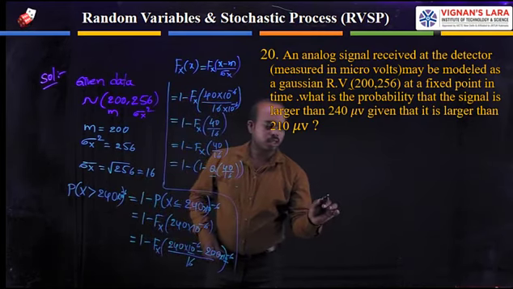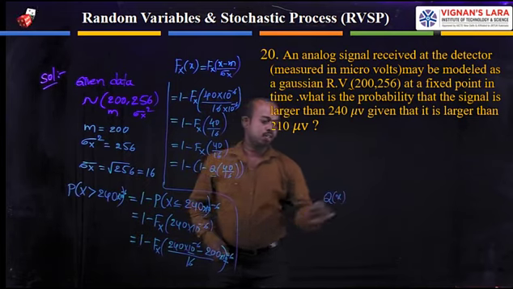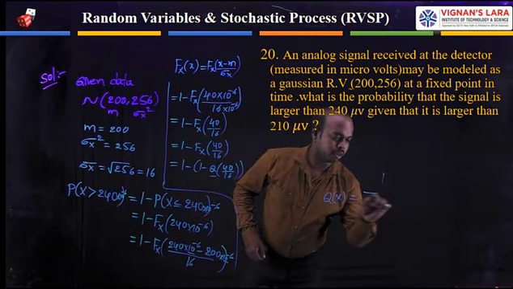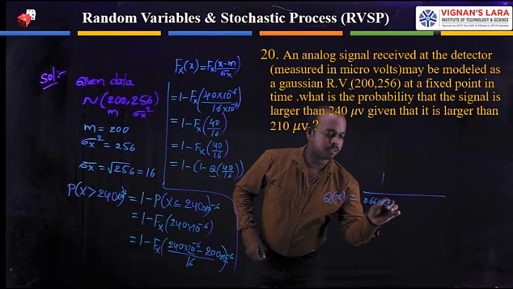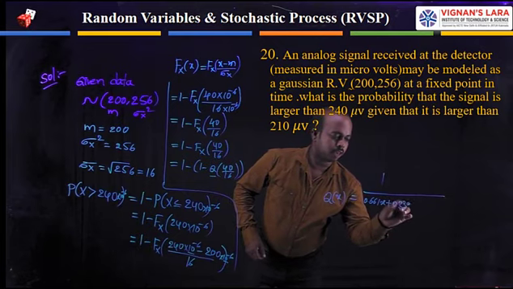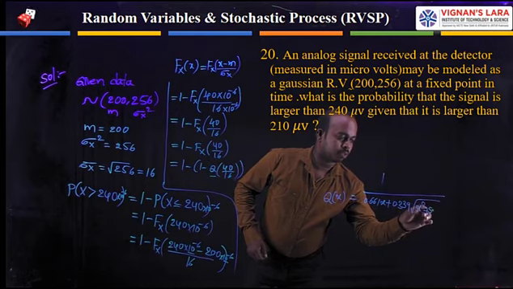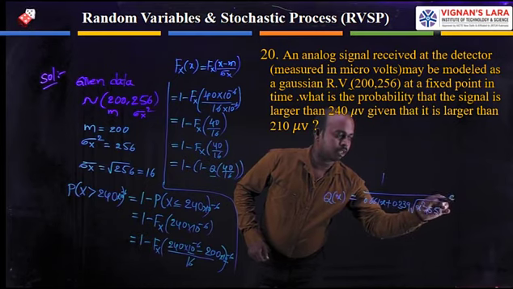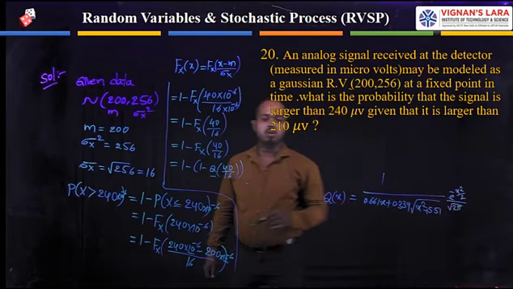You can take the Q function formula: Q of x is equal to 1 divided by (0.661 x plus 0.339 square root of x square plus 5.51), into e power minus x square by 2, divided by square root of 2 pi.